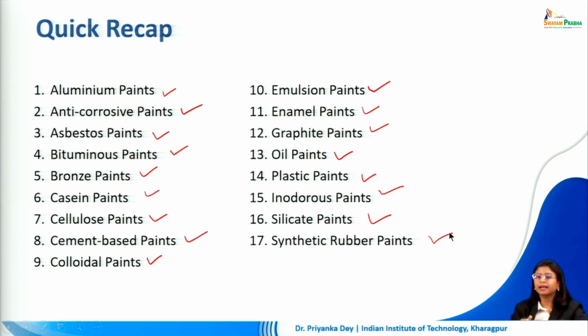Each of these have intrinsic properties that make it applicable to different weather conditions, different parts of the building, and are able to resist different types of exposure like alkali, acids, water, etc.